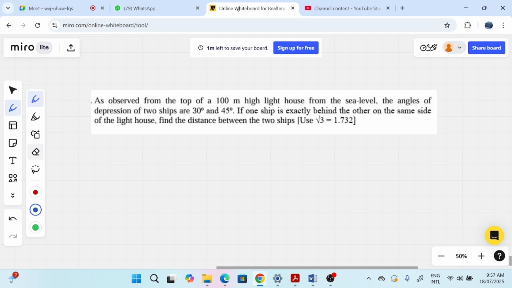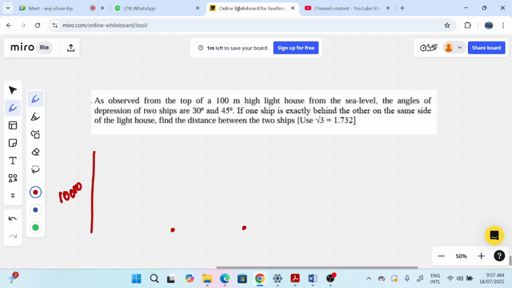Okay. And then we draw the angle of depression from one ship, that is 30 degrees. There is a ship here and there is a ship here, and the hypotenuse is 30 degrees.